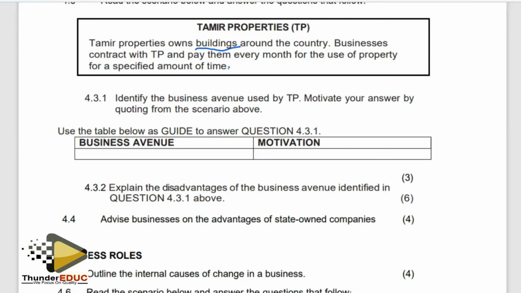The owner of the building is Tamil Properties. He gives them out in the form of contracting to those who want to use them, and those to whom the buildings are lent out are supposed to pay a specified amount of money for the amount of time which these people use.